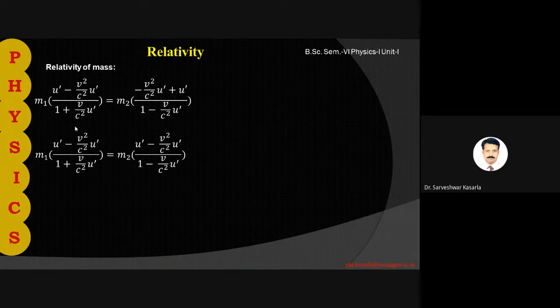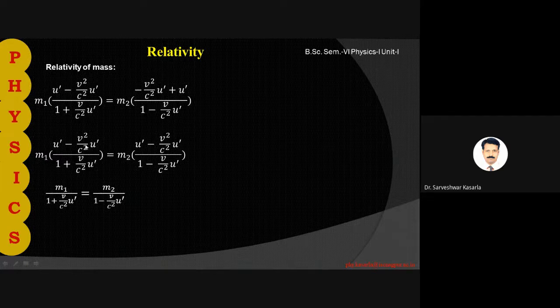Now, what is happening here is we have taken this u dash on the left hand side, and the term containing the minus sign is taken later. Now here we have m1 upon 1 plus v upon c square u dash, so this is taken together.